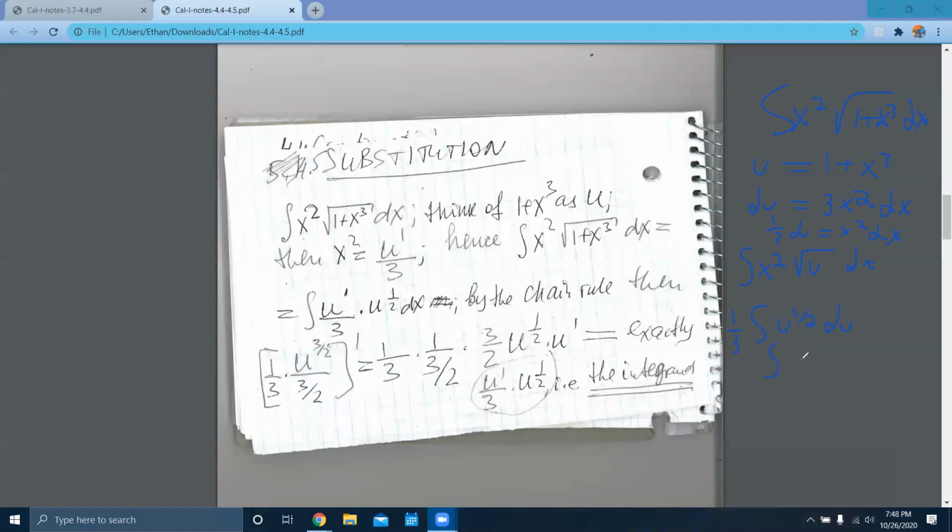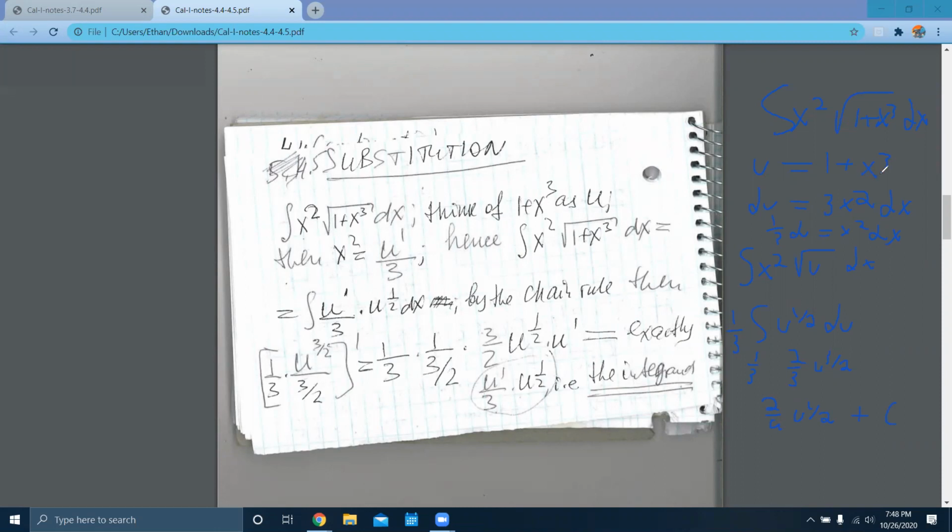So we take the antiderivative of u to the 1/2. We're going to get that it's 2/3 u to the 3/2. All right. Oh, I forgot about that. Excuse me. No more antiderivative because we just took it. So we're going to multiply that out. We get that 2/9 u to the 3/2 plus c. And the last thing we have to do is we have to plug our u back in.